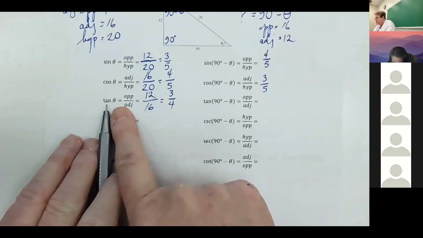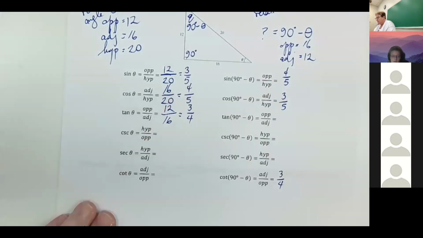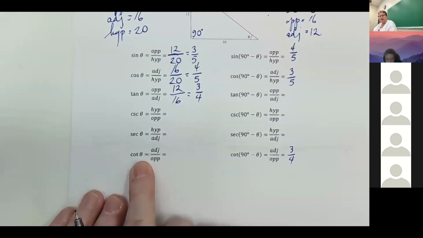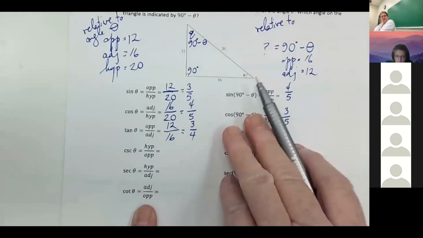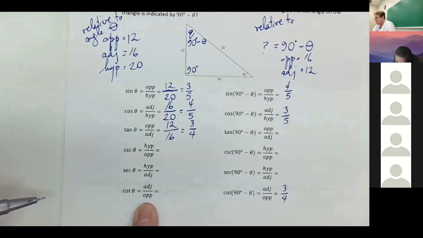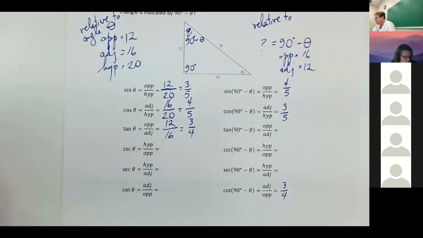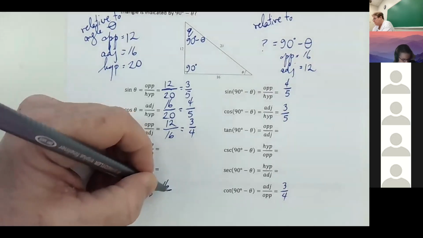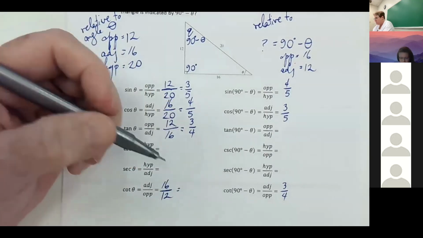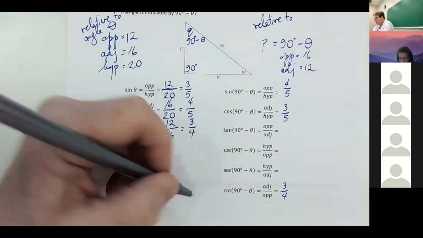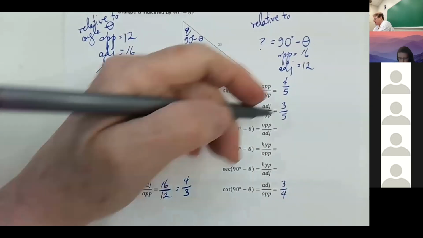That means that the cotangent of 90 minus theta is going to be 3/4. Let's do the cotangent of theta. The cotangent is adjacent over opposite. So what is the cotangent of theta? And that reduces to 4/3, and that means that the tangent of 90 minus theta is going to be 4/3.